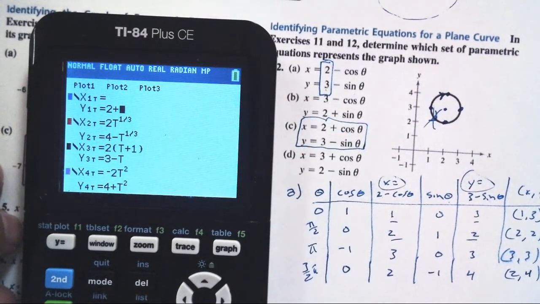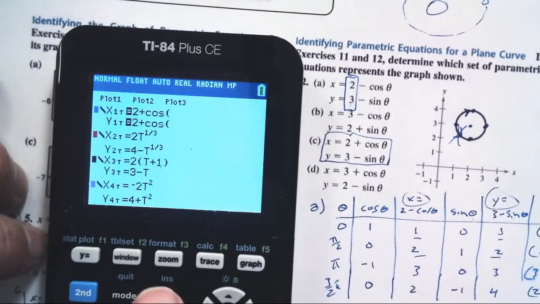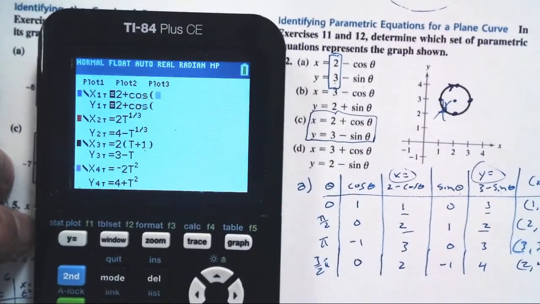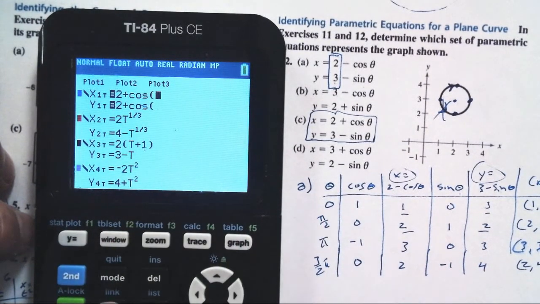So I get 2 plus cosine. Because it's parametric, whoops, I put that in the wrong spot. I'll come back to that. 2 plus cosine. If I go up to x, t, theta, n, you'd think it might give theta, but parametrics are often based on time, even if the time is the angle. So it gives us a t. And in here I want 3 minus sine.